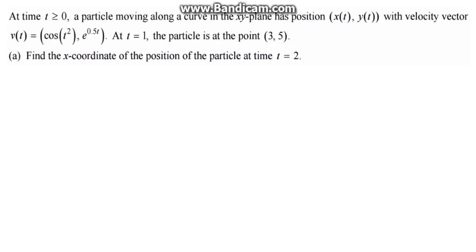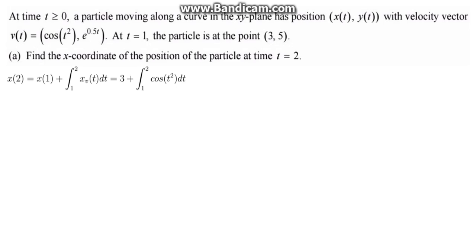Part A. Find the x-coordinate of the position of the particle at time t equals 2. We know that the x-coordinate at time t equals 2 is x(2), but we only have x(1). So, using the fundamental theorem of calculus, we can find x(2) by taking our initial condition x(1) and integrating from the initial condition to the desired condition.